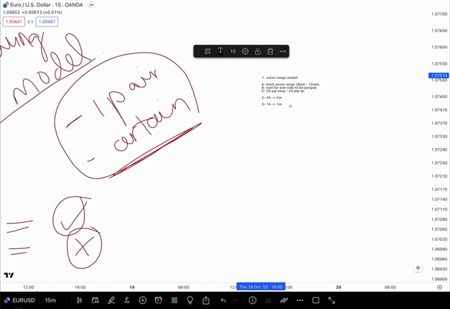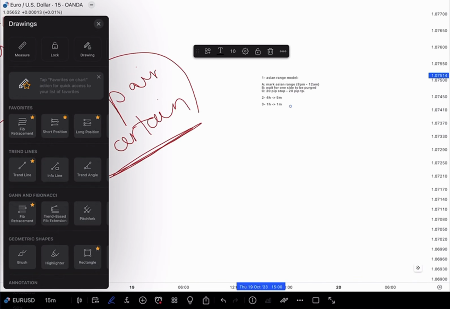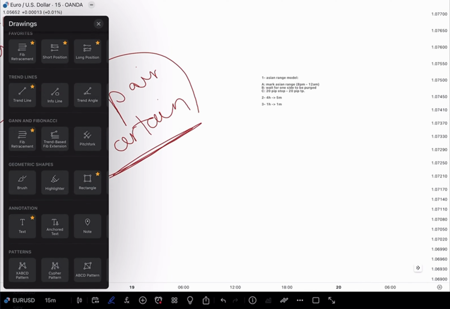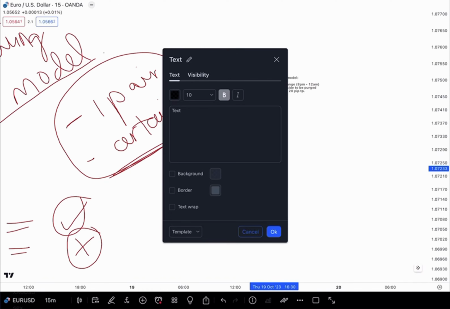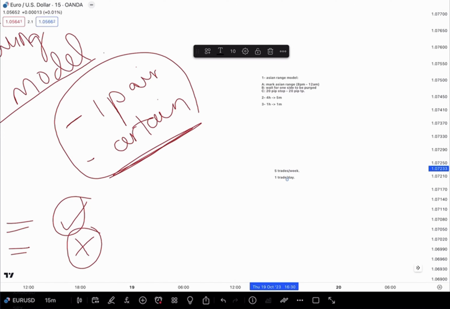Now this model will offer you 5 trades per week, once a day. Five trades per week, 1 trade per day. If you only trade this, that's all you will ever need, right?